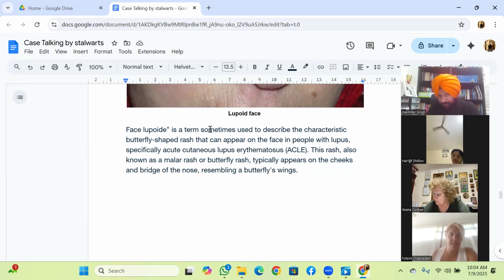This is the lupoid phase. Face lupoid is sometimes used to describe the characteristic butterfly-shaped rashes that can appear on the face in people with lupus, especially acute cutaneous lupus erythematosus. This rash, also known as malar rash or butterfly rash, typically appears on the cheeks and the bridge of the nose, resembling a butterfly's wings.